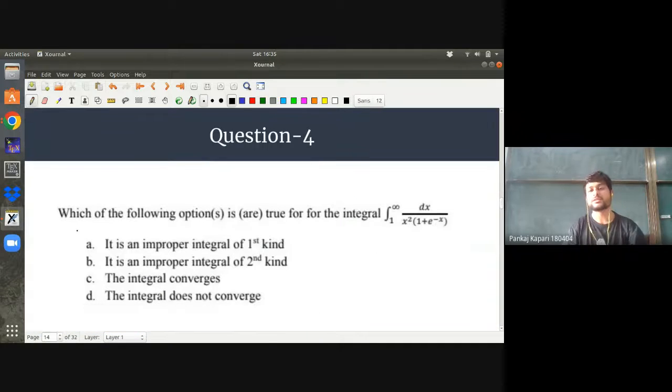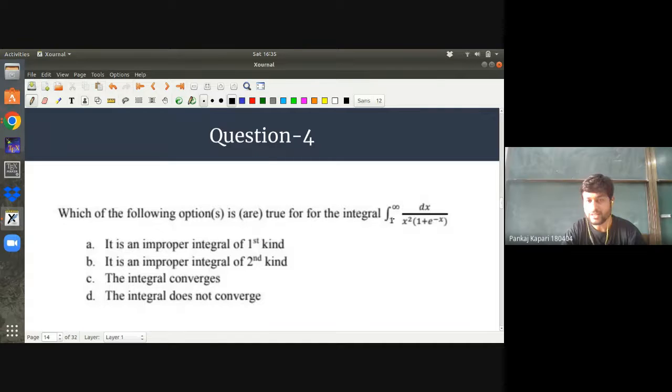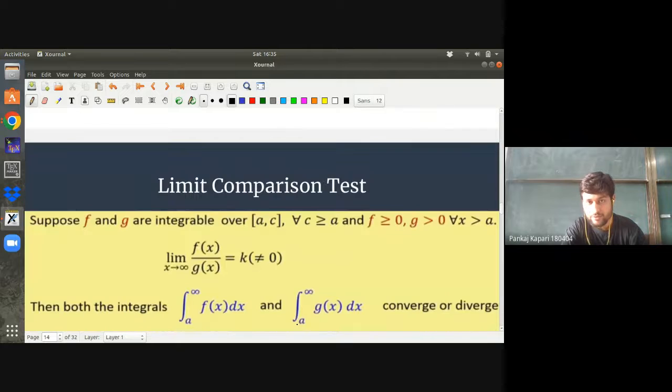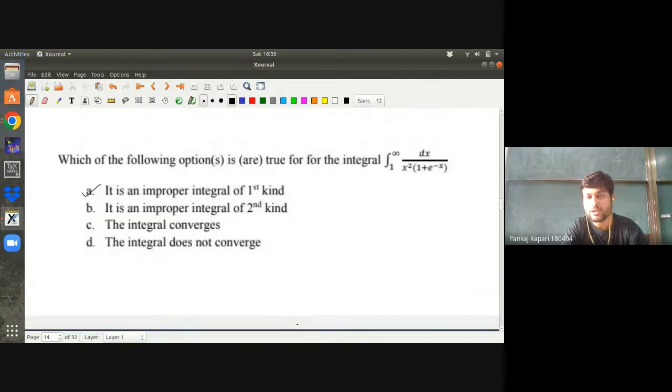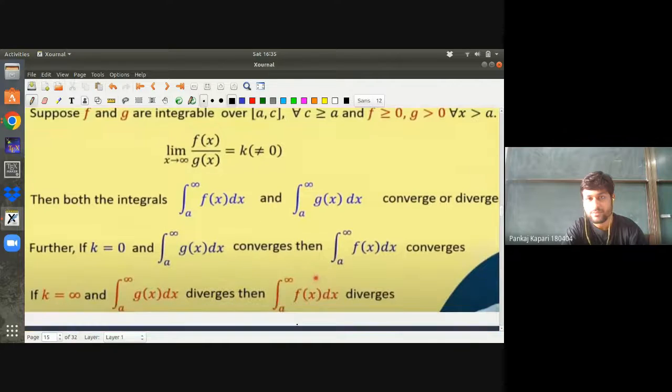Okay, let's see the fourth problem. Again, what kind of integral is it? The first kind. Yes, this is the first kind of integral. Again, let's see if this integral converges or diverges. We will use the same comparison test, the comparison test for improper integrals of the first kind.